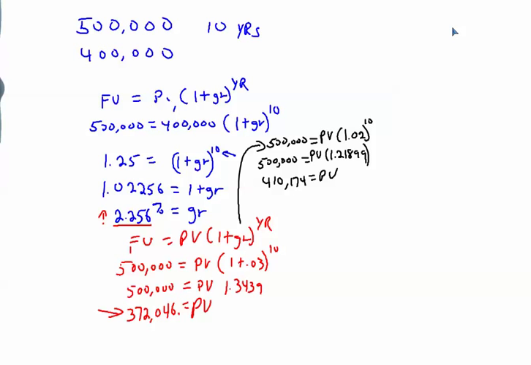So in this case, if Ben wanted the interest rate to fall down to 2%, he would need to drive bond prices up, and the bond price would have to go up to $410,174.